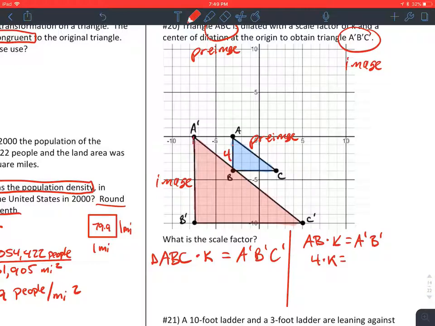The length of A prime B prime is 1, 2, 3, 4, 5, 6, 7, 8, 9, 10. 4 times some number is 10. Divide both sides by 4. That reduces. k is 5 over 2. If you multiply the pre-image by 5 over 2, you will get the dimensions of the image.